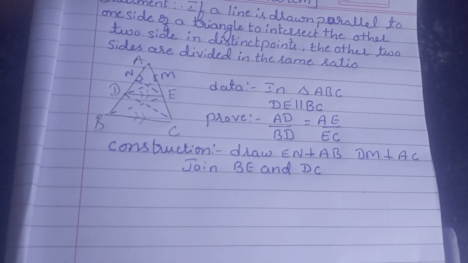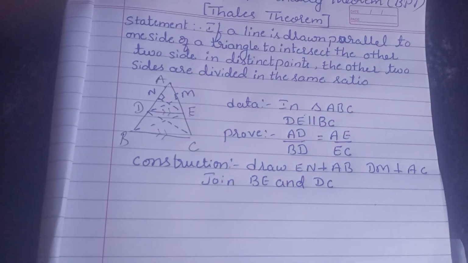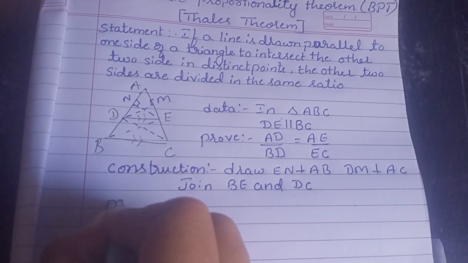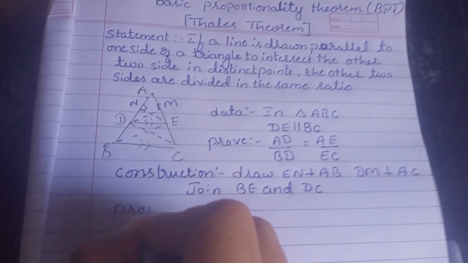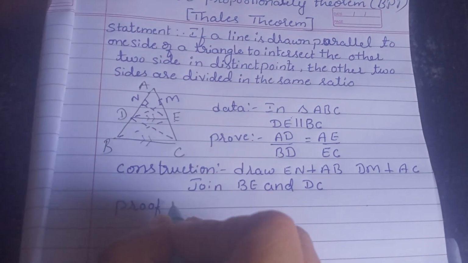Join BE and DC. Why should we draw the perpendicular line? In the proof, we are finding the area. So, based on that, we should draw the perpendicular.